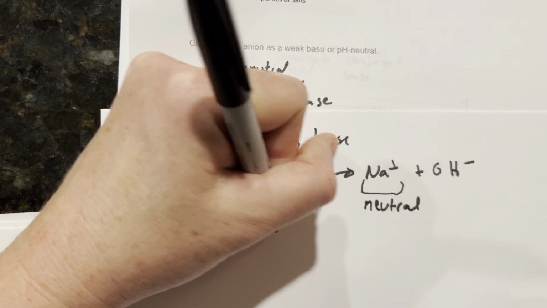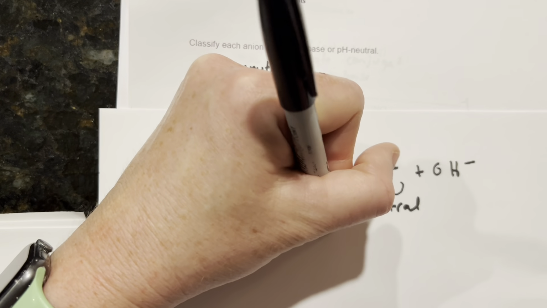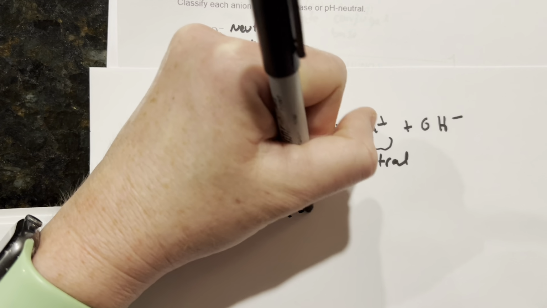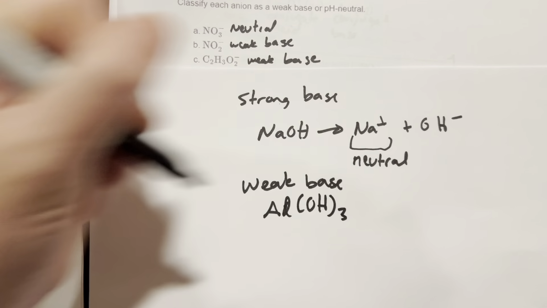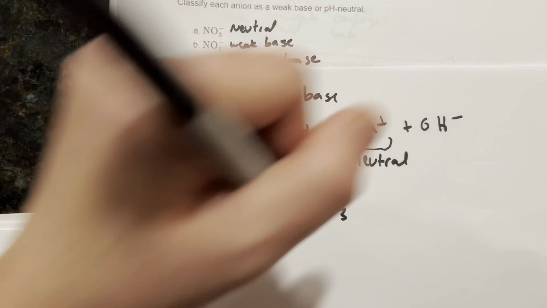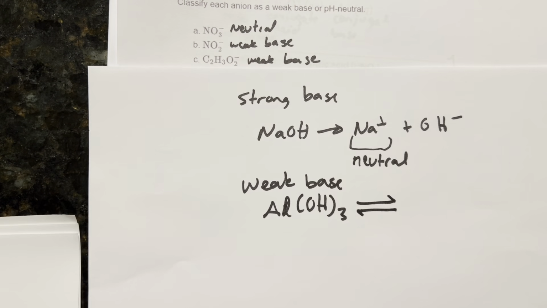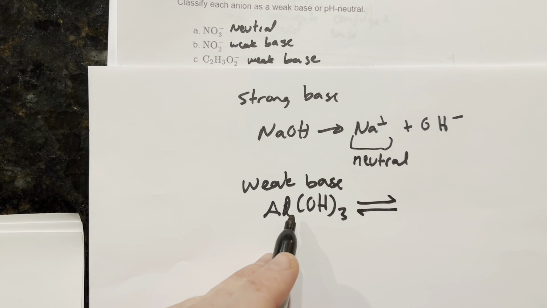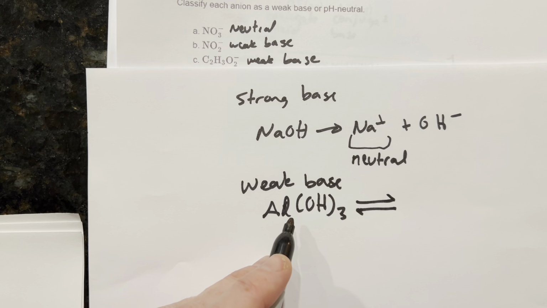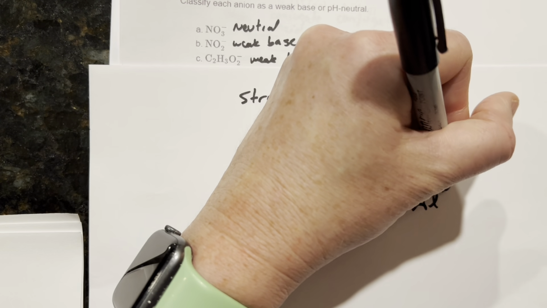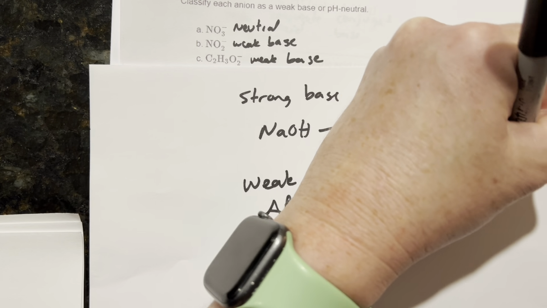But if you have a weak base, I've got an example, like aluminum hydroxide. This would actually do this, because it's not on your list of strong bases to memorize, right? It would break apart into aluminum and 3 hydroxides.